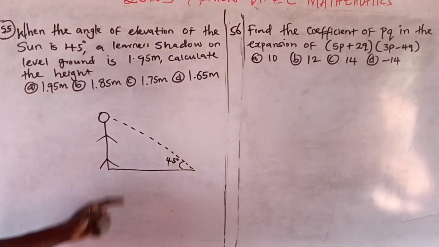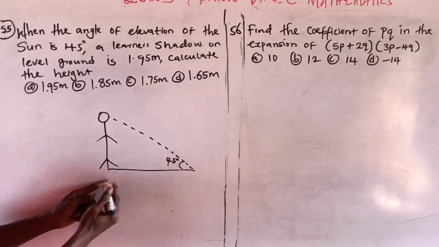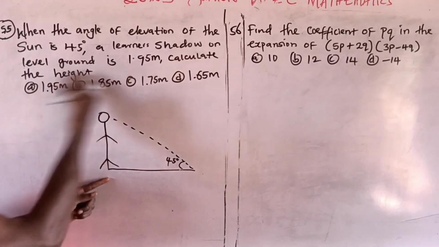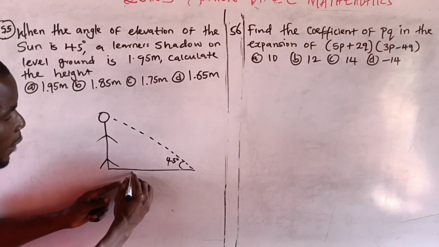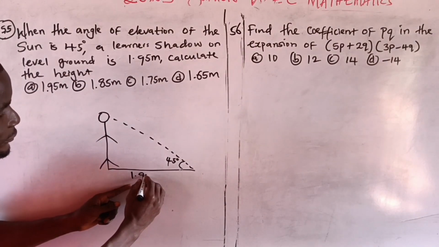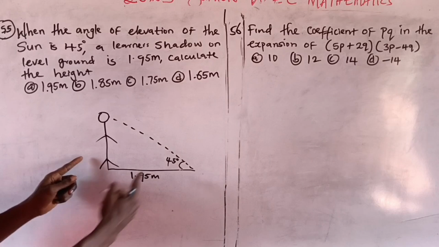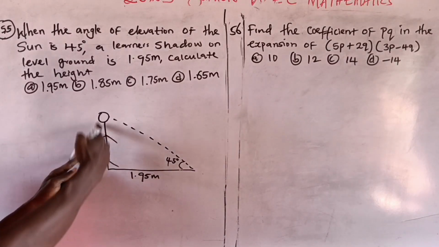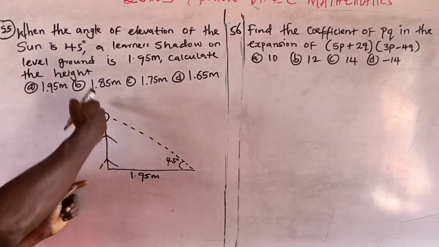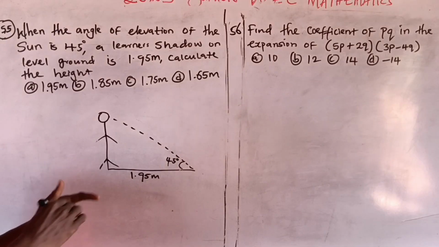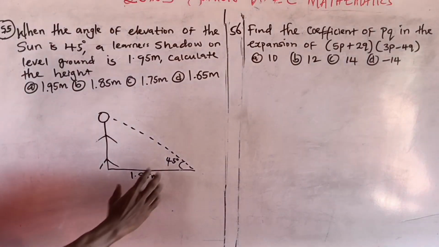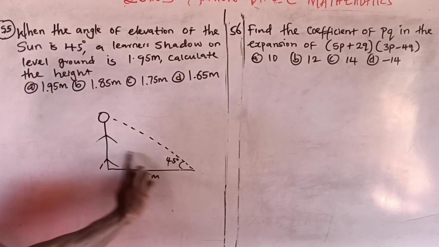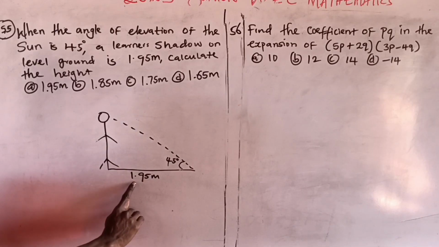There is the theta. They said the level ground is 1.95 meter. And this is where they want us to calculate. They want us to calculate the height of that learner. So to calculate it, seeing the fact that this is opposite over adjacent, right?